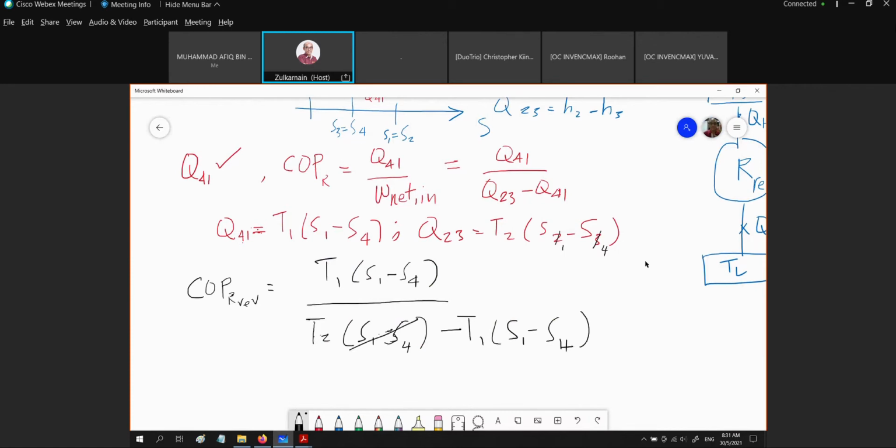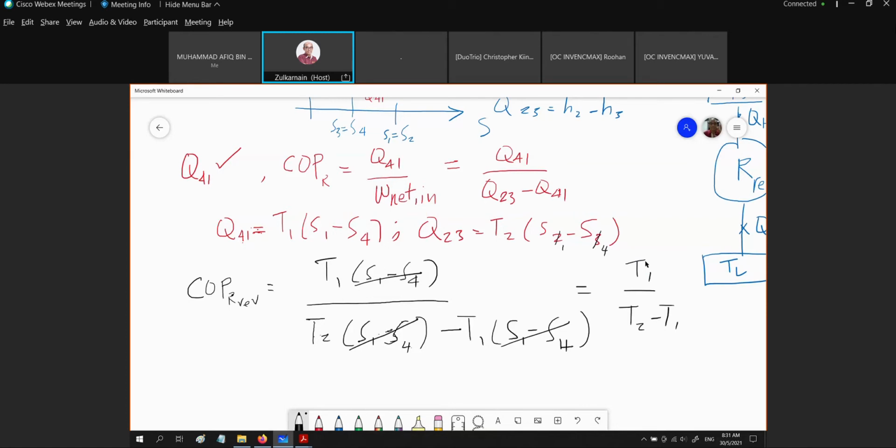Then this delta S could be cancelled off. What is left is T1 over (T2 minus T1). So the COP for a reversible cycle could be written as T1 divided by (T2 minus T1).